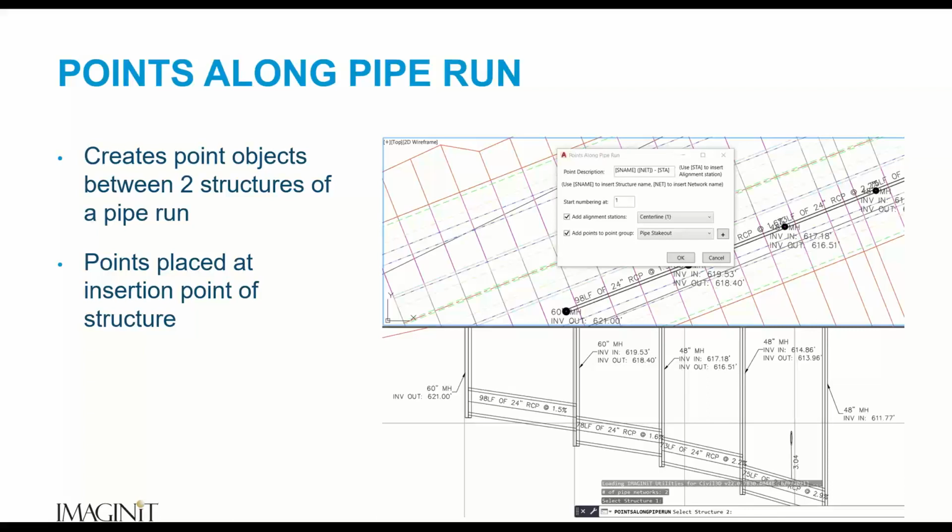And the software will systematically insert point objects at the insertion point of the structures in between. There are some options for naming and for the description for those points. If we want to add alignment information to that, we can as well.